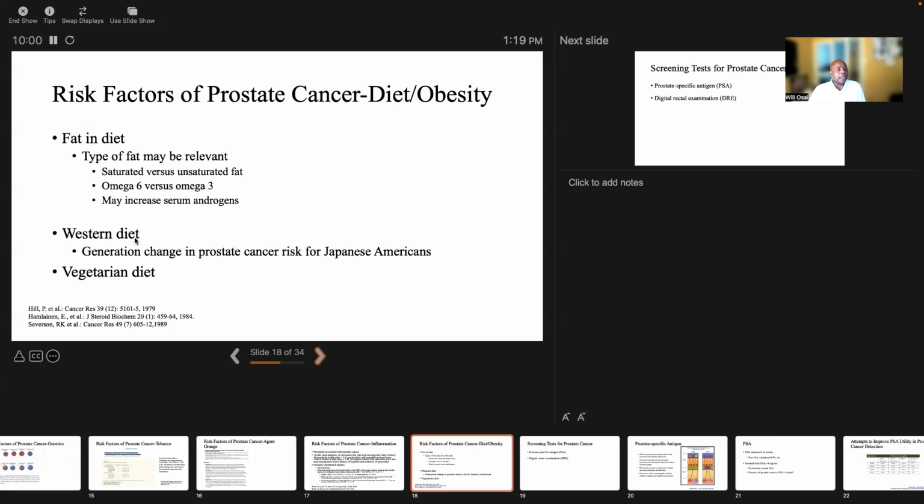The Western diet has also been associated with prostate cancer, with the suggestion that intake of processed foods and high glycemic index foods might contribute to the increased risk of prostate cancer. For example, Japanese Americans have a higher incidence of prostate cancer compared to Japanese men who reside in Japan.